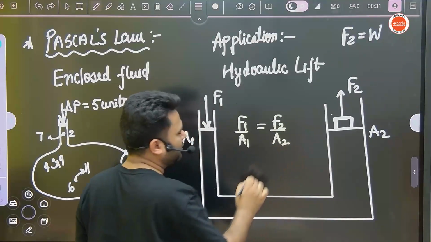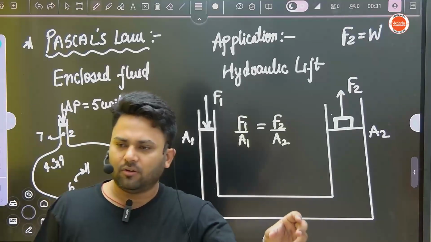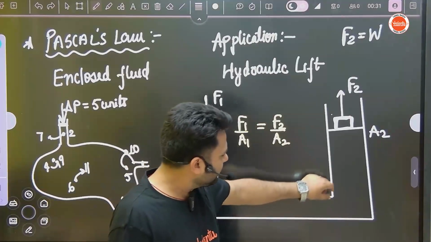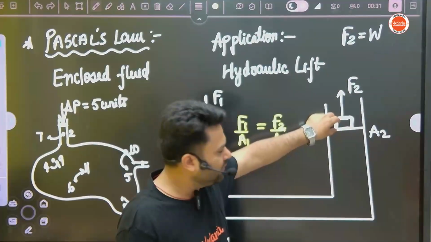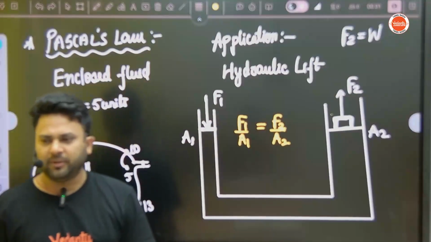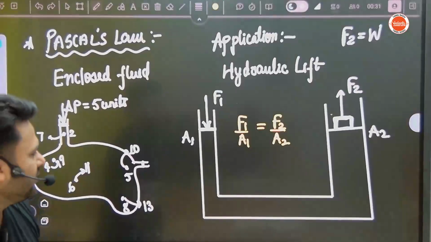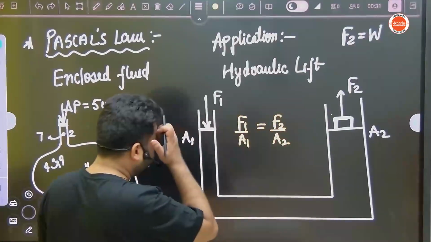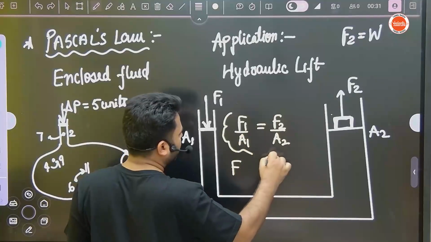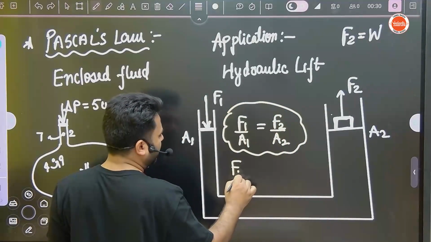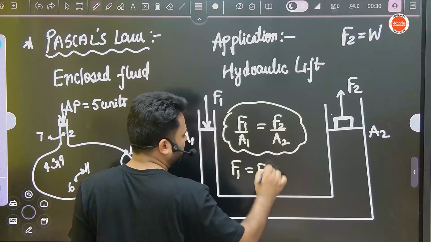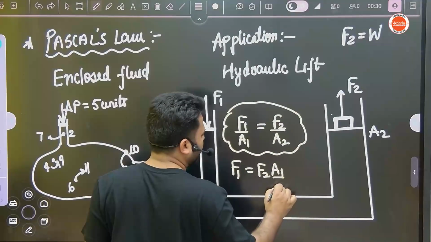I told you Pascal's law: the same pressure will travel to all the points. So this pressure and this pressure have to be the same. Now you have to remember, F1 equals F2 multiplied by A1 by A2.